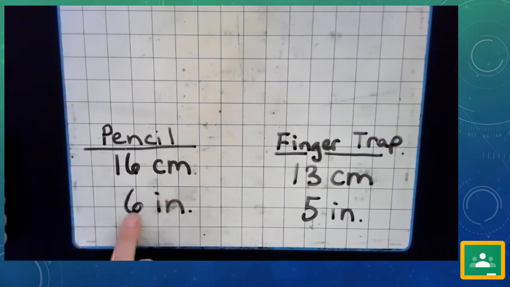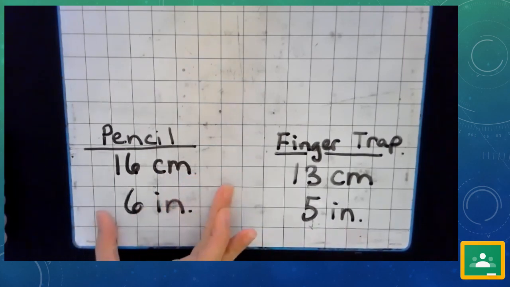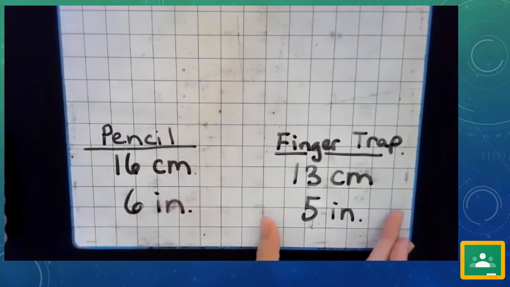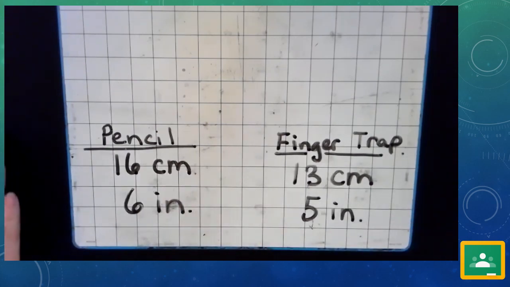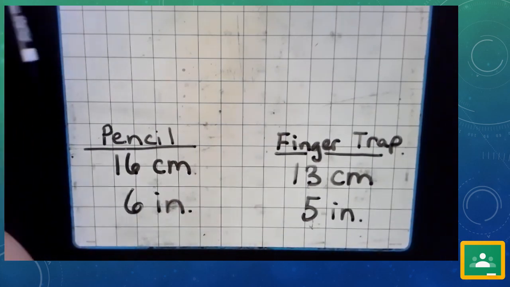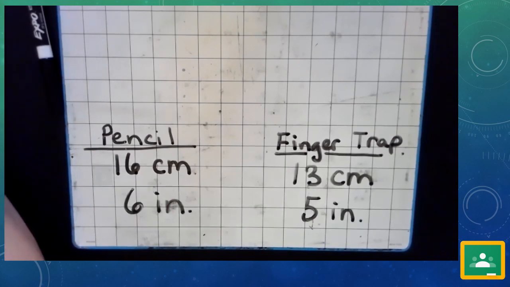We need less inches to measure objects because inches take up more space than a centimeter, okay? And I hope that you can see that in the proof today when I measured that pencil and I measured the finger trap, okay? So do your best to understand this and have a great day, as always.